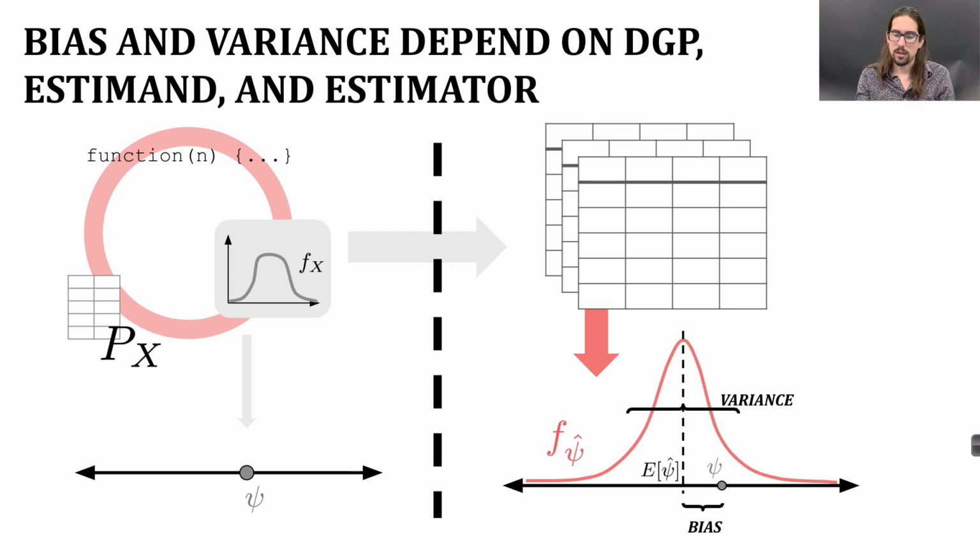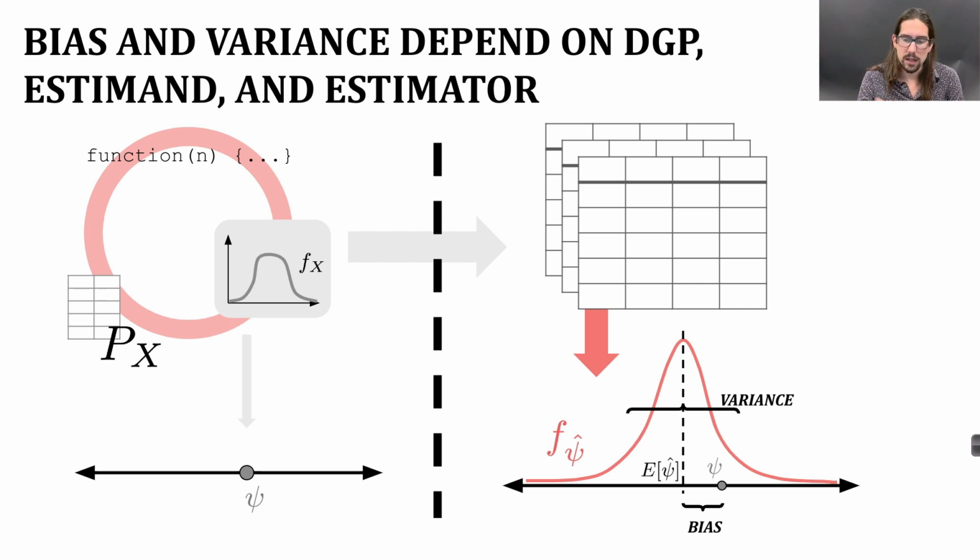Like we just saw in that example, maybe if I'm estimating the risk ratio for the effect of taking a particular drug on your risk of a heart attack, maybe the best estimator is a linear model.